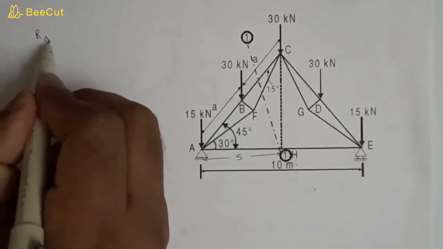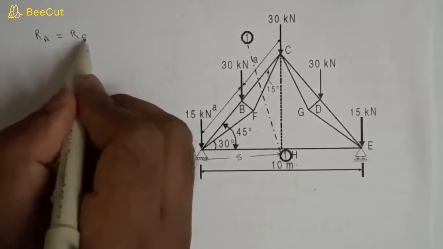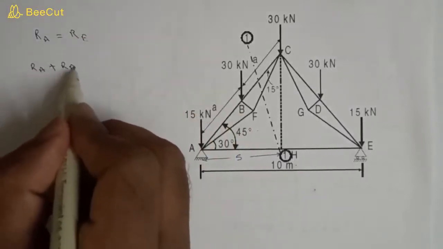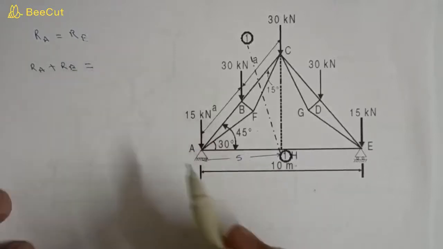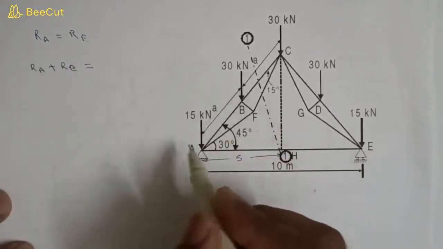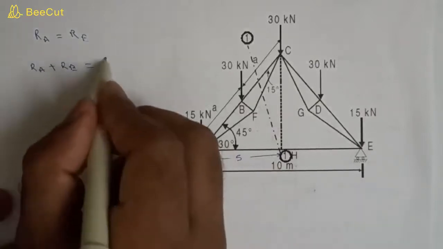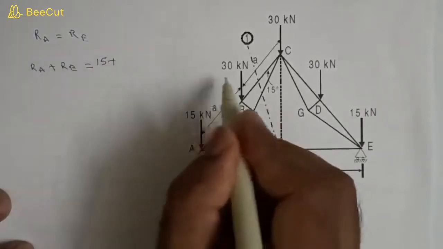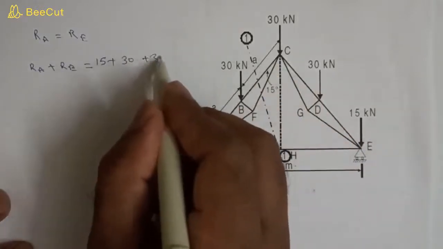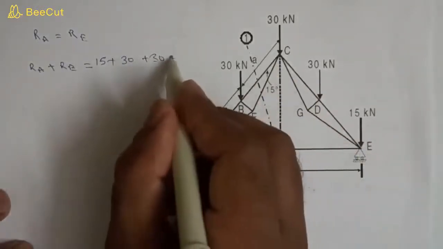So RA should be equal to RE. If we take the sum of all vertical forces equal to 0, then RA plus RE will become 15 plus 30 plus 30 plus 30 plus 15.